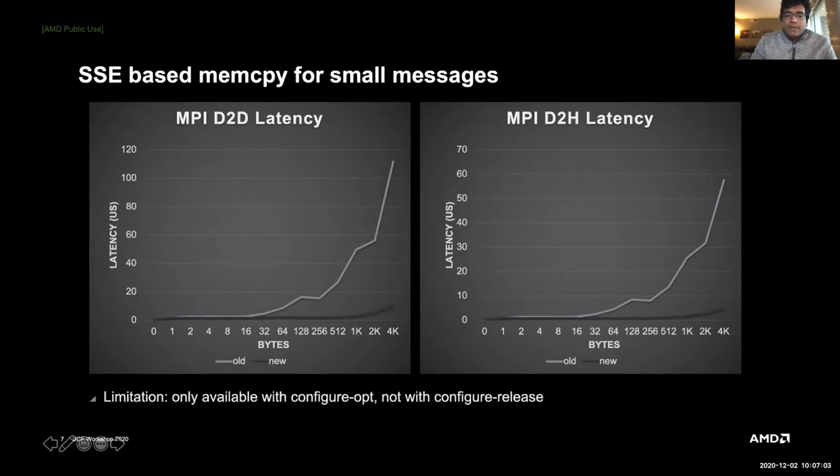In the configure release version, those optimizations are not enabled because those are meant for wider distribution, where machines may not have the necessary AVX or SSE instructions that are required.